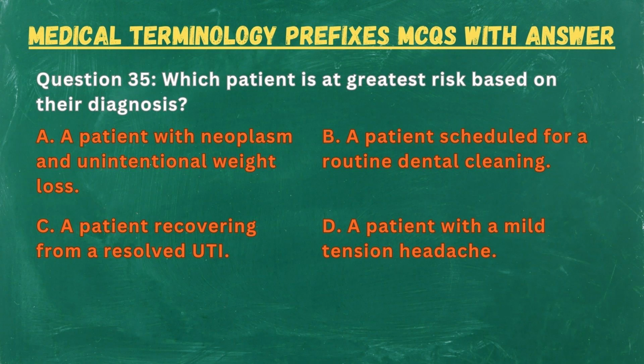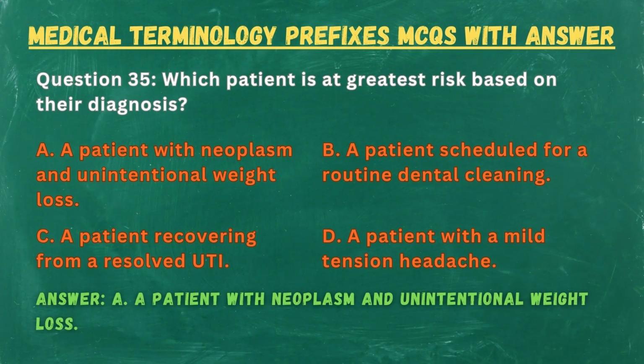Question 35. Which patient is at greatest risk based on their diagnosis? A. A patient with neoplasm and unintentional weight loss. B. A patient scheduled for routine dental cleaning. C. A patient recovering from a resolved UTI. D. A patient with a mild tension headache. Answer: A. A patient with neoplasm and unintentional weight loss.